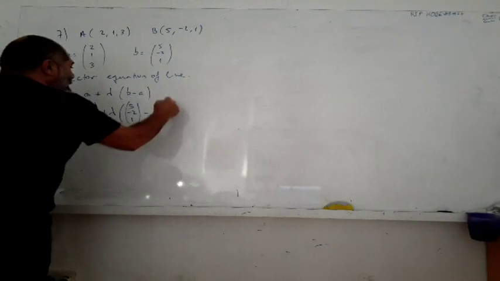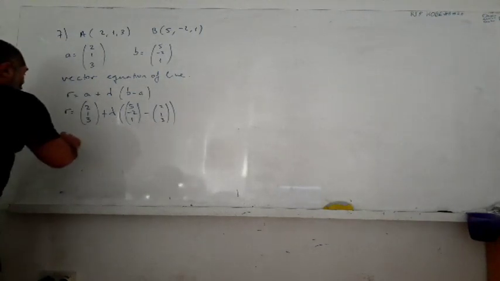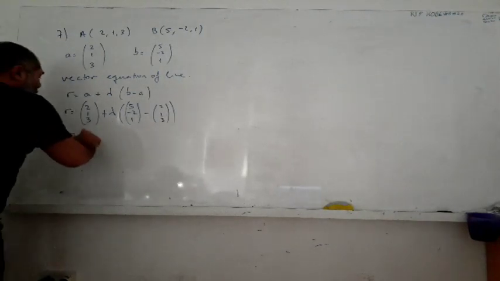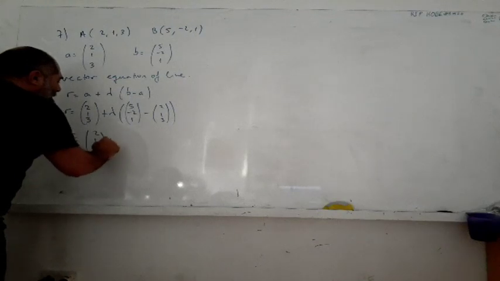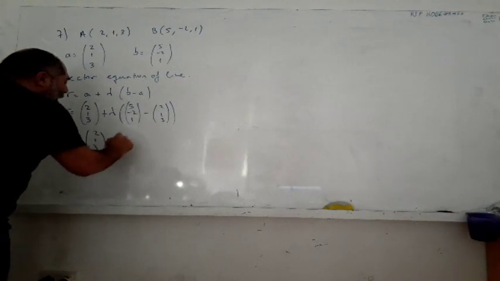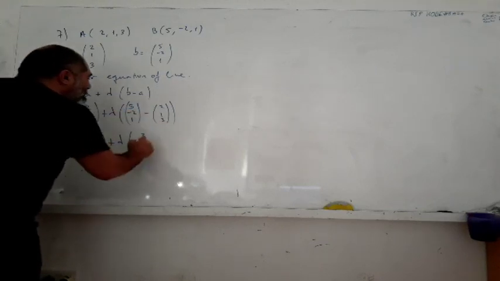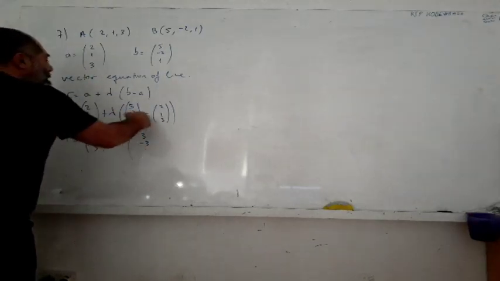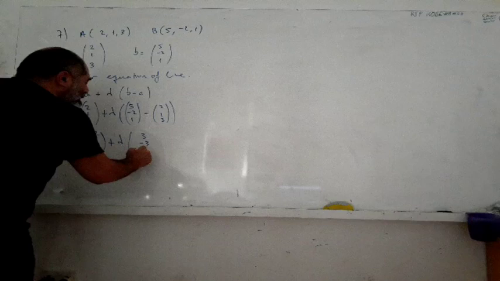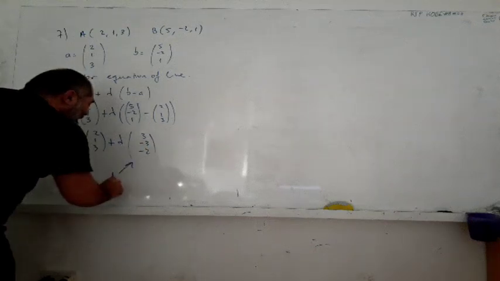So vector equation of R is going to be 2, 1, 3 plus lambda times 5 minus 2 is 3, minus 2 minus 1 is minus 3, 1 minus 3 is minus 2. And be careful, this is the direction of the vector.